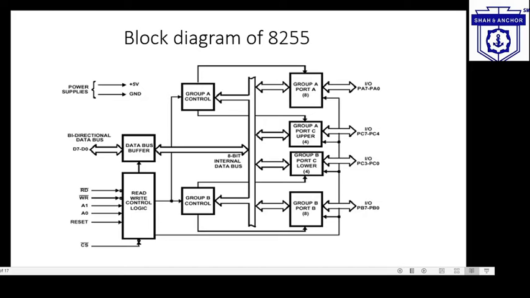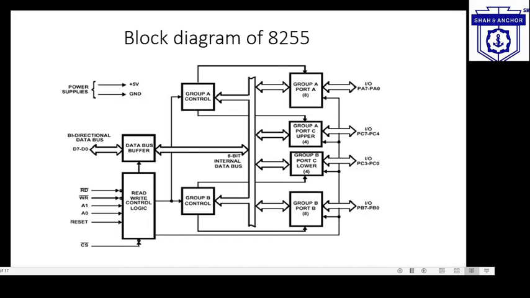So the lower 4 bits of port C are included in group B and the upper 4 bits of port C are included in group A. In short, group A consists of port A and port C upper bits. Group B consists of port B and port C lower 4 bits.